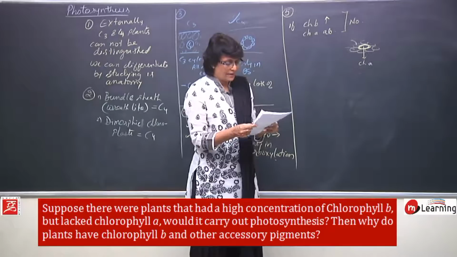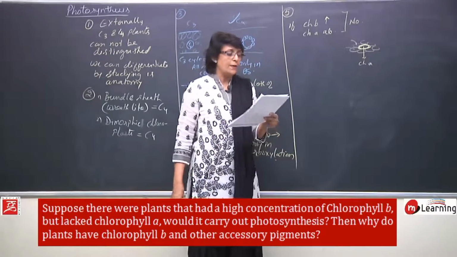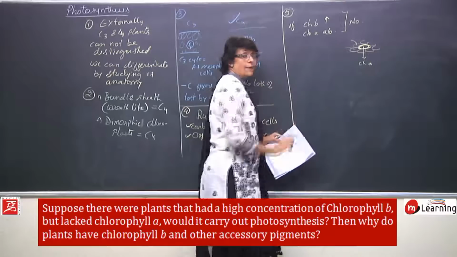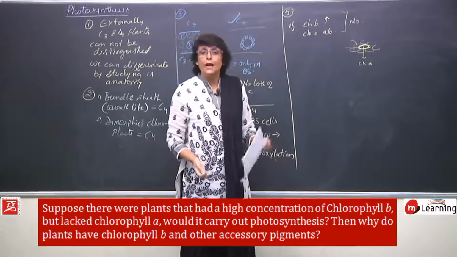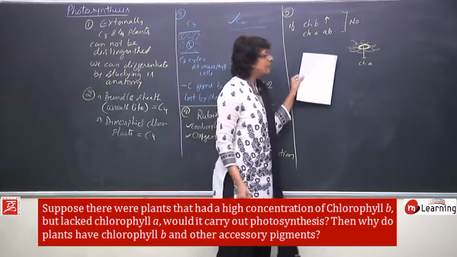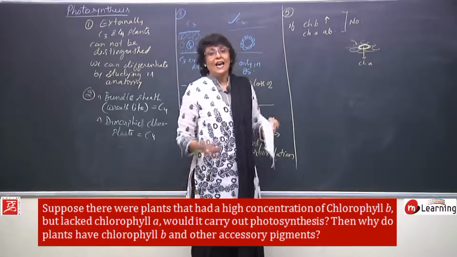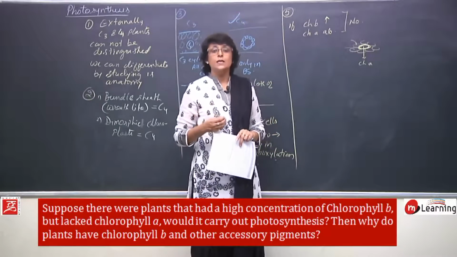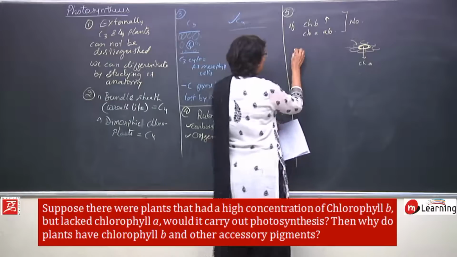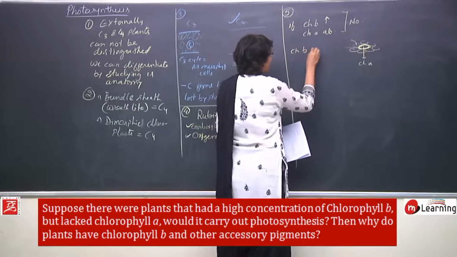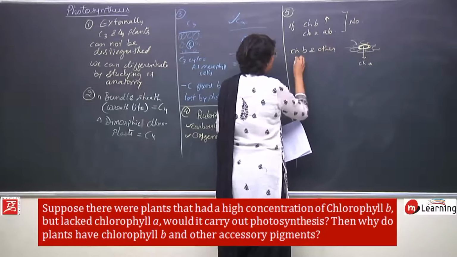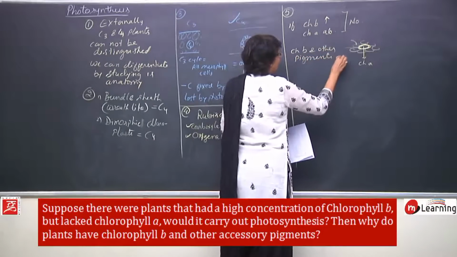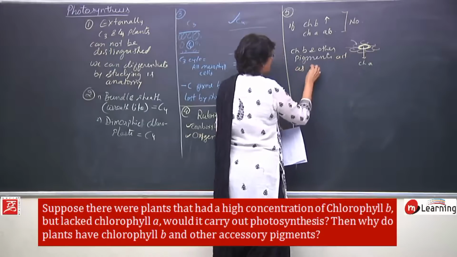It continues and they say, then why do plants have chlorophyll B? If it is not helping in photosynthesis, then why do they have it? They have it because chlorophyll B, other chlorophylls, carotenoids, xanthophylls, act as accessory pigments.